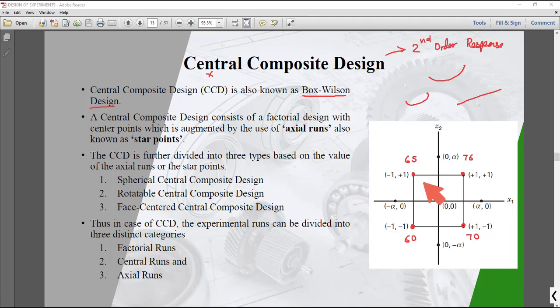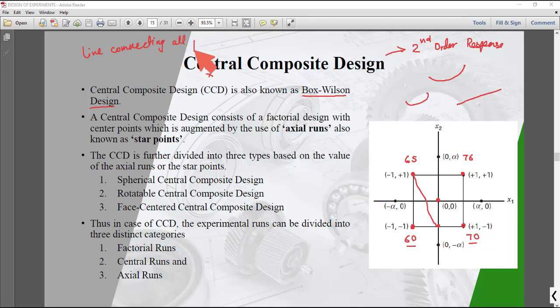If you want to draw contours, we have seen this in module 2 also, how can you draw? Here the value is 65, here it is 60, here it is 70, so 65 will be in the center. You can draw a contour like this.